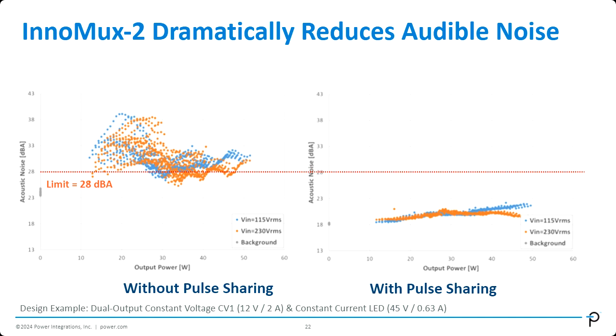They require below 28 dBA acoustic noise under all circumstances. And as you can see, without pulse sharing, the acoustic noise can be as high as over 38 dBA. But then with pulse sharing, the difference is huge. Even in the worst case condition, my acoustic noise is still below 23 dBA.